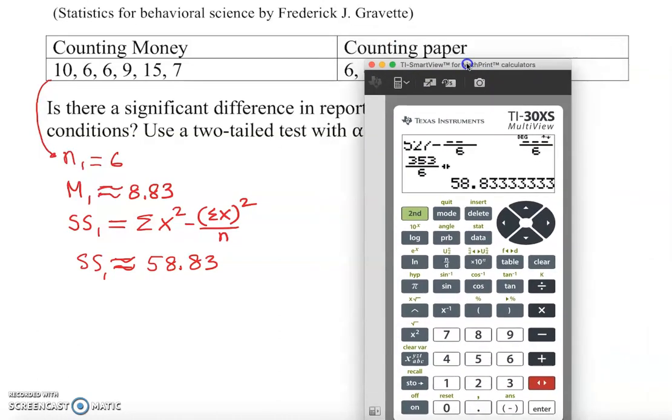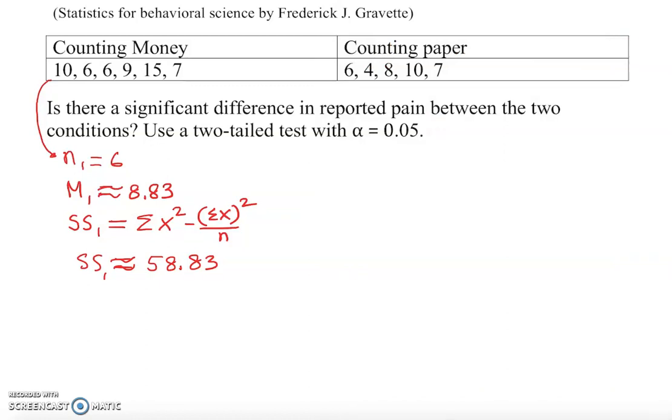That is how you do the second one also, the same way. Now the second one gives us N2 equal to 5, M2 equal to 7, and SS2, which I worked out the same way, is exactly 20. Also alpha is given as 0.05. So these are the information given.